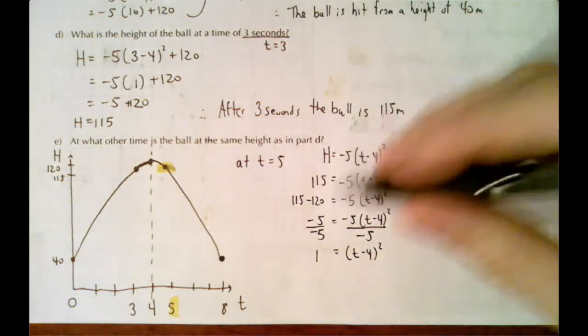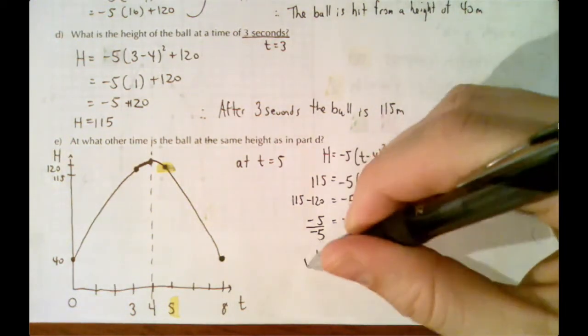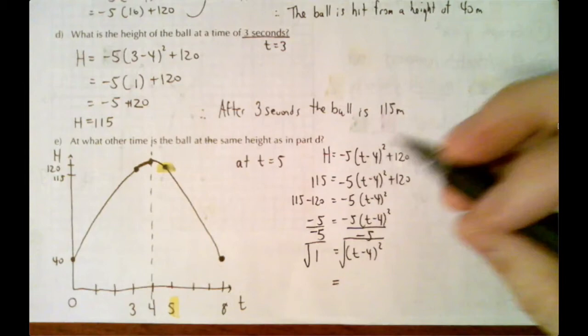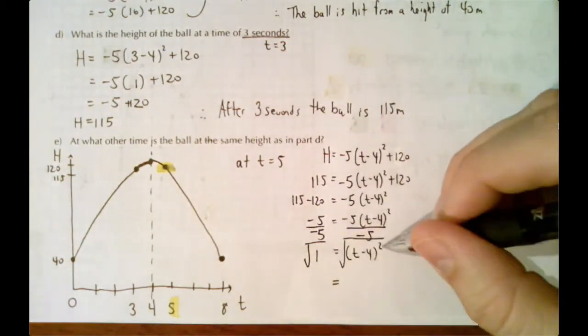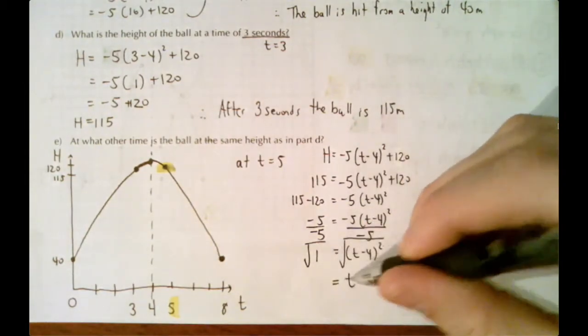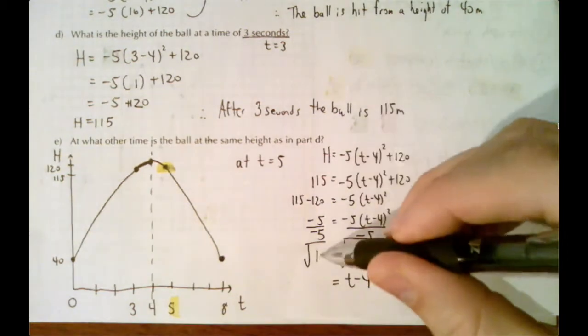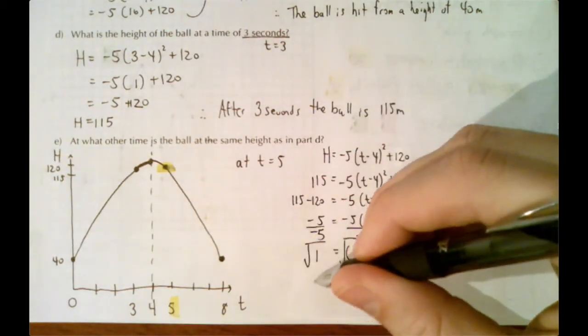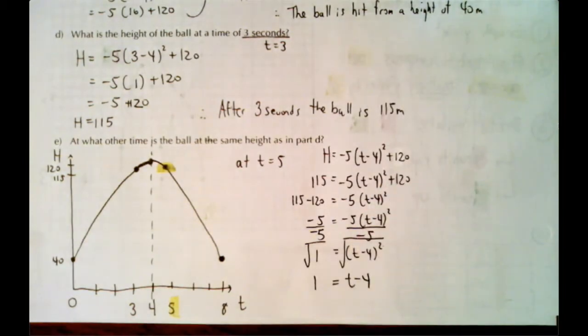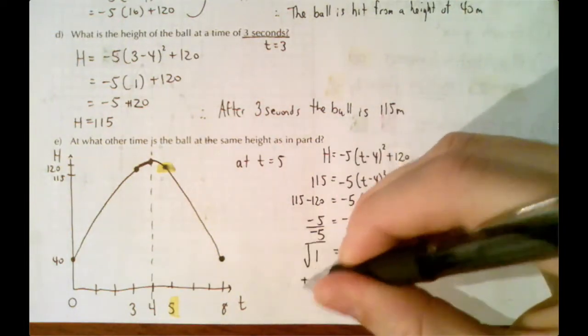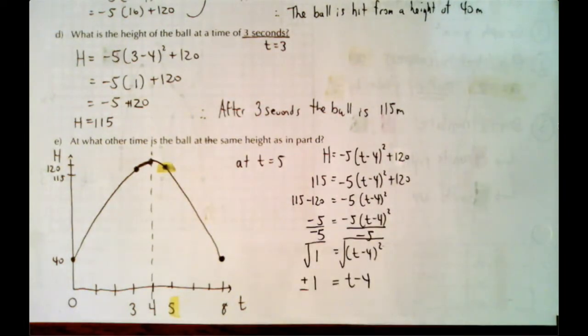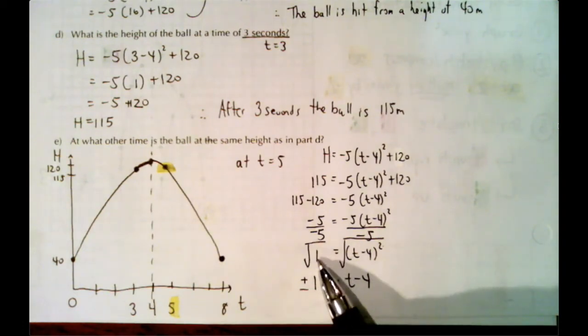To get rid of the squared, we square root. We're just left with t minus 4. The square root of 1 is 1, but it's also -1, because 1 times 1 is 1, and -1 times -1 is also 1.